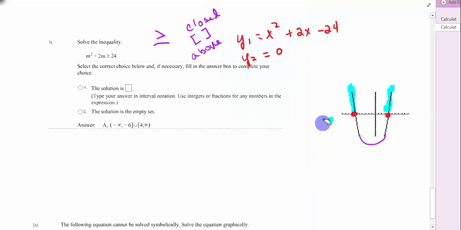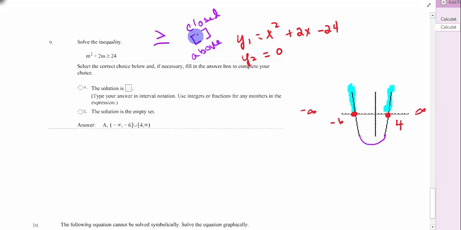All right, so this one is at -6, and this is at 4. So this is from all the way to the left up to here. This one's from this number all the way to the right. So think of this as being there and that being there. So your answer is -infinity up to -6 and 4 to infinity.